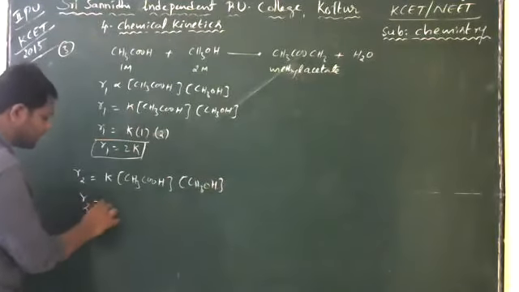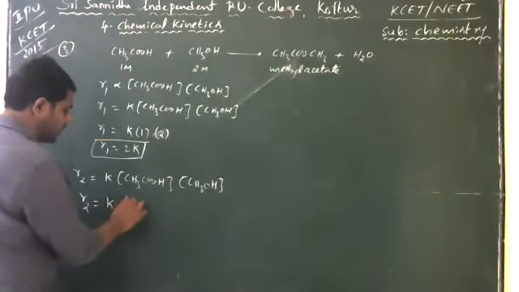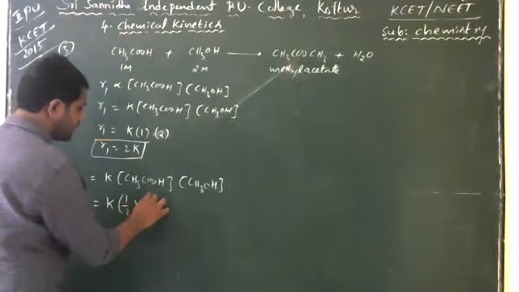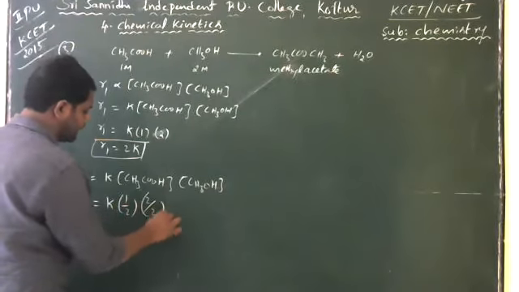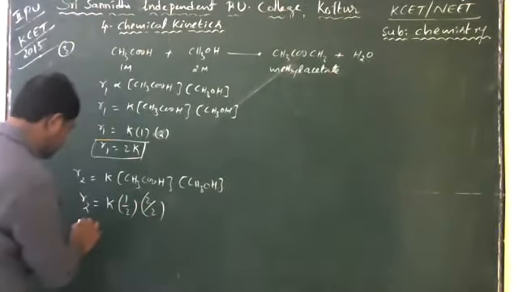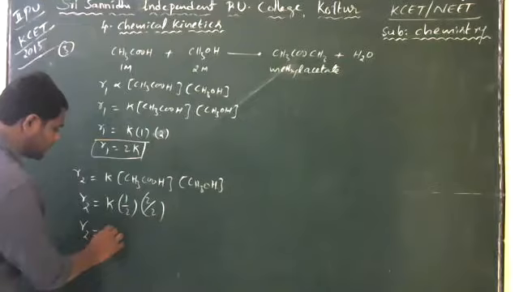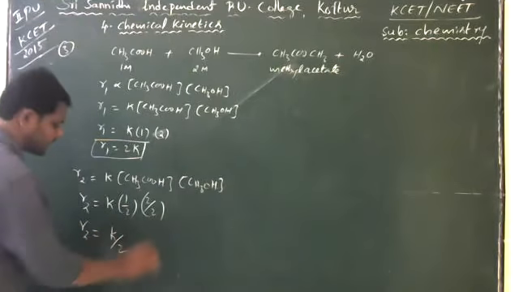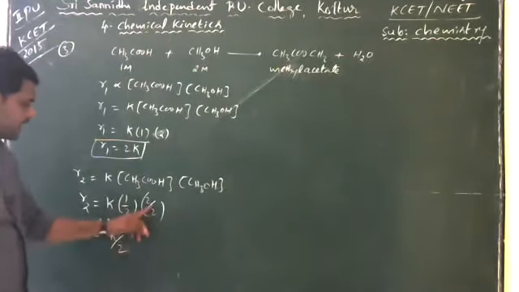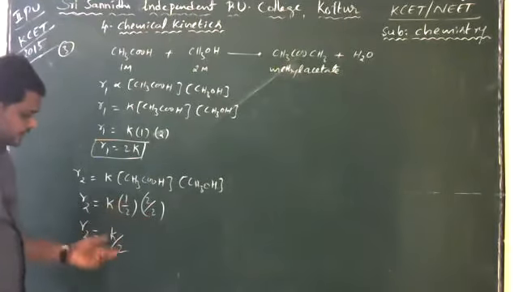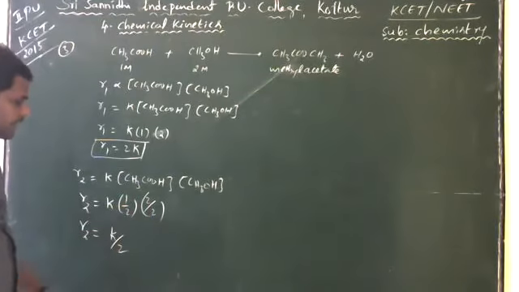Nothing but R2 is equal to K into 1/2, then K into 2/2. What do we get here? R2 is equal to K by 2 we have to get here, right? Then the 2 gets cancelled here. So R2 is equal to K by 2.